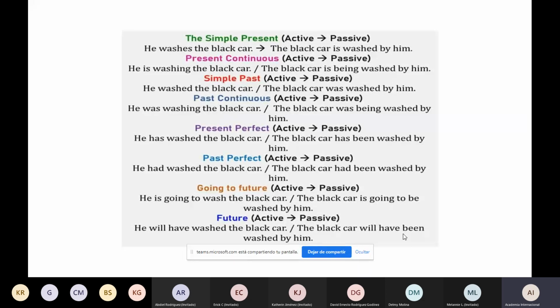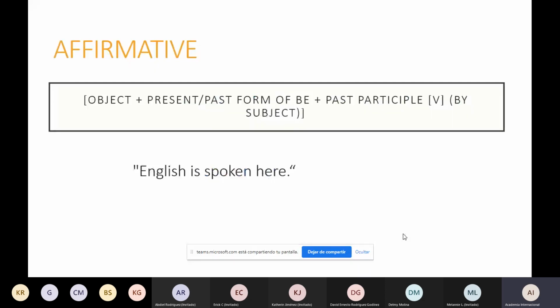Y no olviden que la forma participia también de los verbos. En el caso de los verbos regulares, pues no cambia nada. Seguimos utilizando el ed al final del verbo. ¿Ok? Luego lo vamos a ir viendo detallado, tiempo por tiempo.